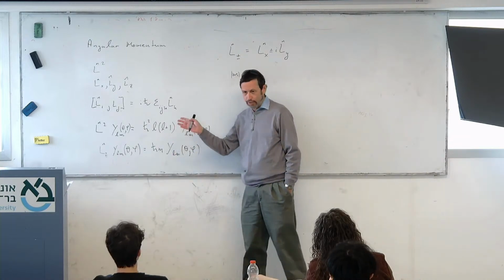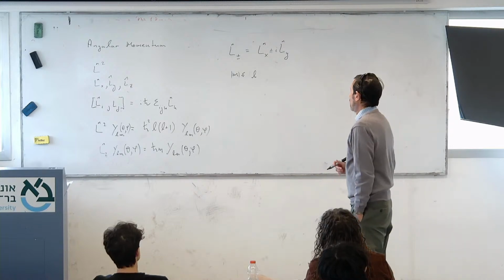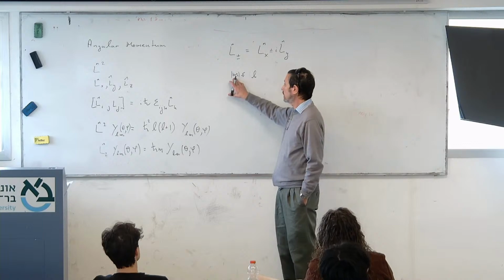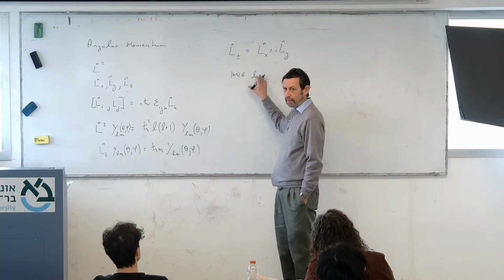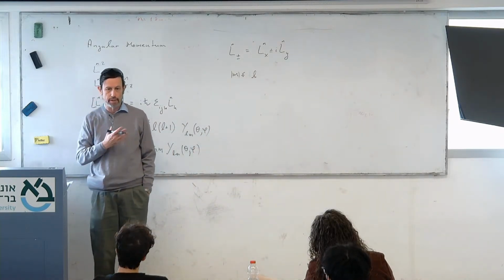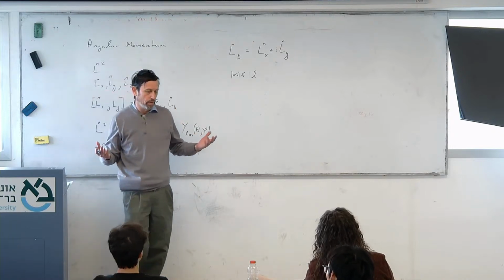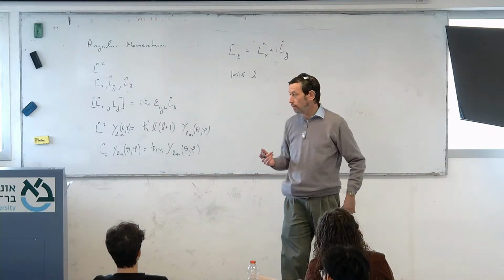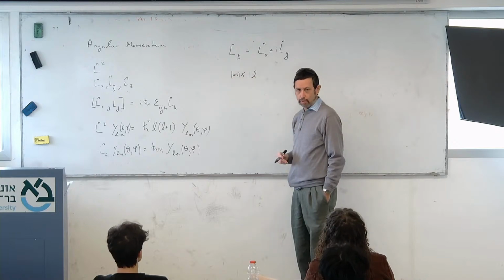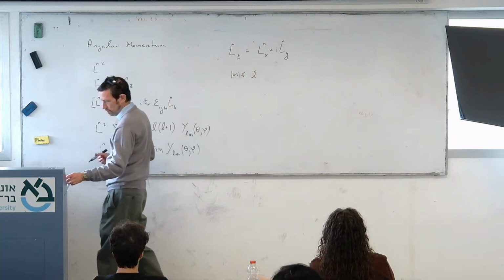Well, Lz we have already solved, but we will try to get more knowledge on m and l. From the hydrogen atom, you know that they are integers, but at the moment we haven't proved it. We have only proved that the absolute value of m must be smaller than or equal to l. Okay, how do we do it?